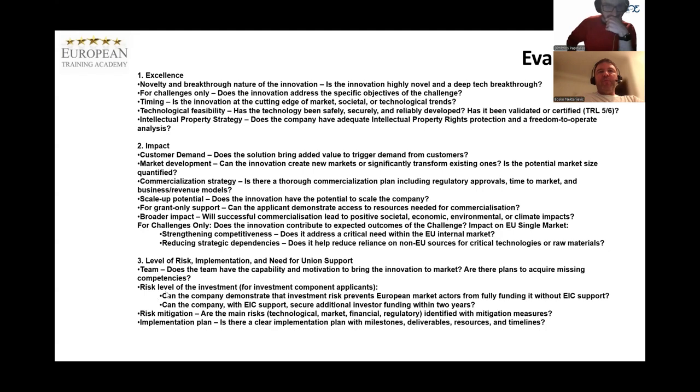Risk level of investment. Essentially, what they're asking you is to justify why the European Innovation Council fund ought to be the source of funding.